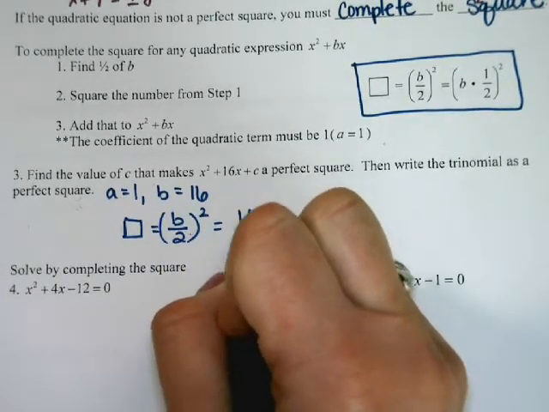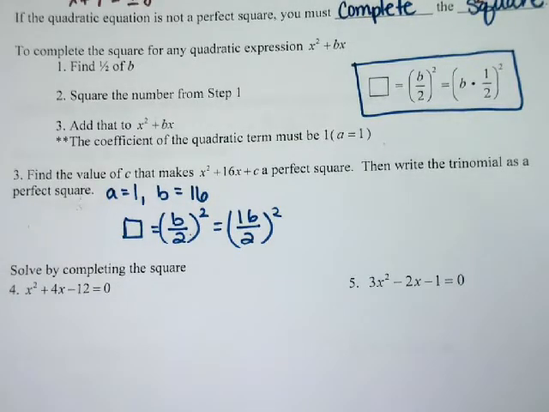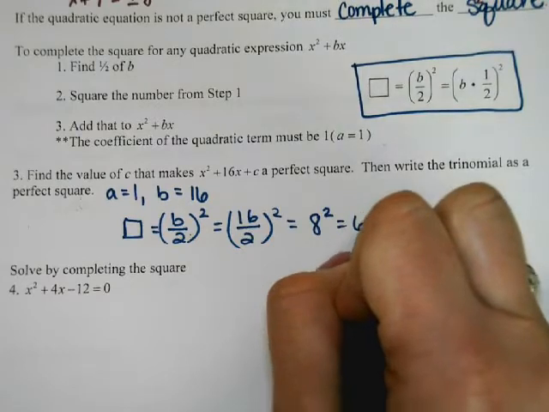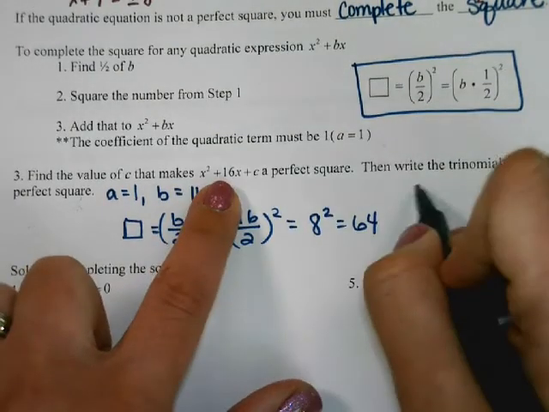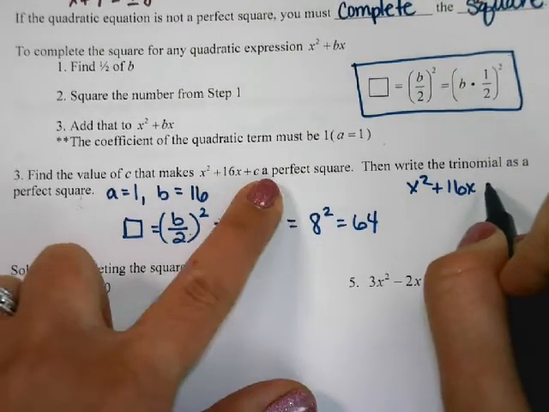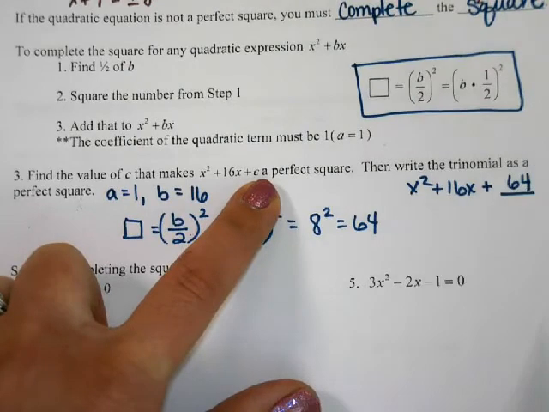Okay, what's 16 divided by 2? What's 8 squared? 64. So in order for x squared plus 16x plus c to be a perfect square, that c value has to be 64.